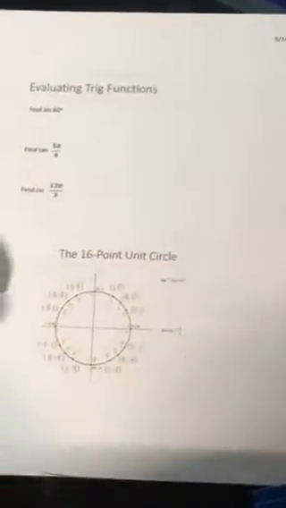Okay, so evaluating trig functions, you can see down here I have the unit circle. You all have your big unit circles also that I gave you, at least you should have them.